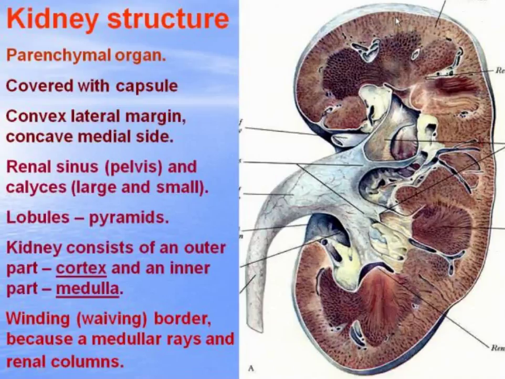There is a convex lateral margin and a concave medial side. These are the renal sinus, pelvis and calyces, large and small. The parenchyma consists of lobules, pyramids.